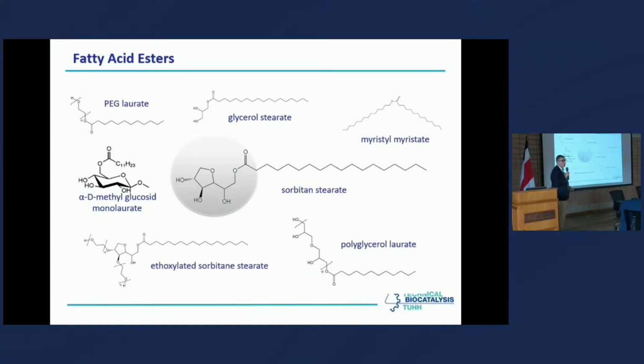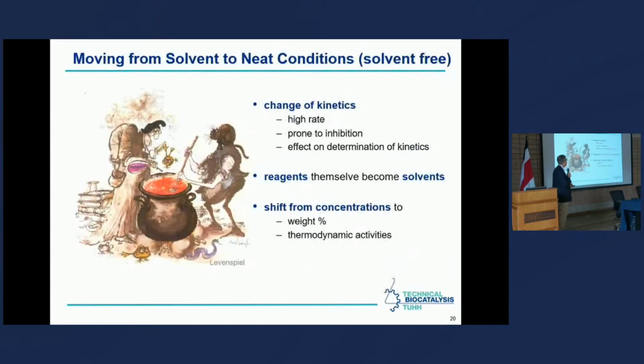And now we're working solvent-free, so in the pure reactants. And therefore, we often have to challenge inhibition phenomena. We shift from concentration to weight percentages, so X% gram per gram in the mixture.